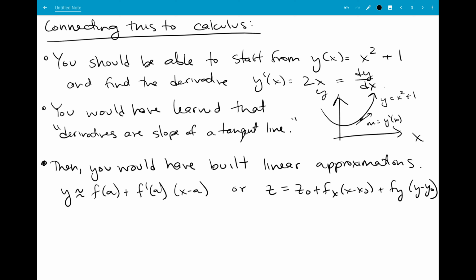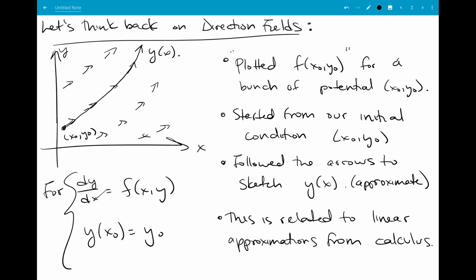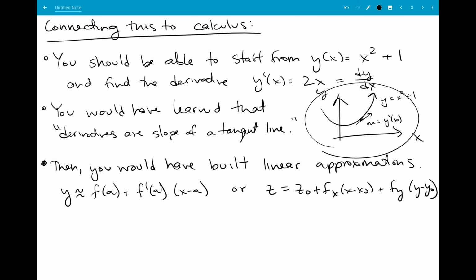And if you look at this picture right here, hopefully it looks like what we did with direction fields. So you can see that when you went in the forwards direction of given y, compute its derivative, that happens to be the slope of the tangent line.